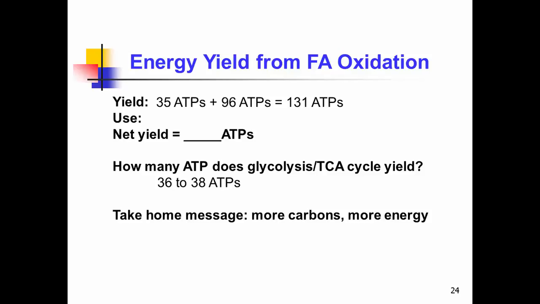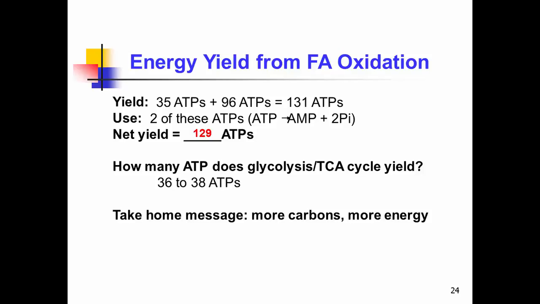And if you still remember the first step, the activation of fatty acids to fatty acyl-CoA, that utilizes 2 ATPs, right? So 2 ATPs need to be subtracted, so the net yield of ATPs from palmitate oxidation is 129 ATPs, right?